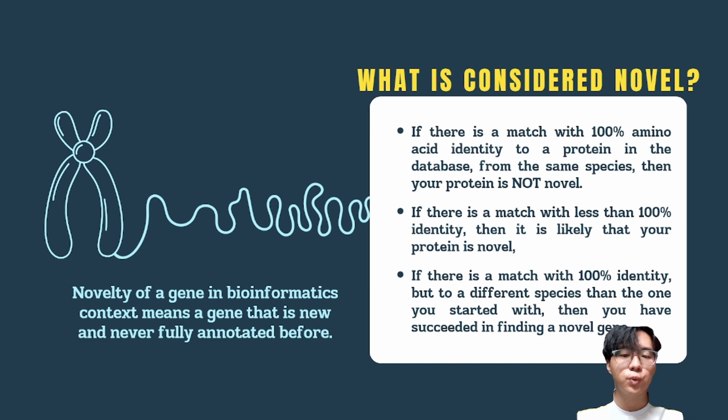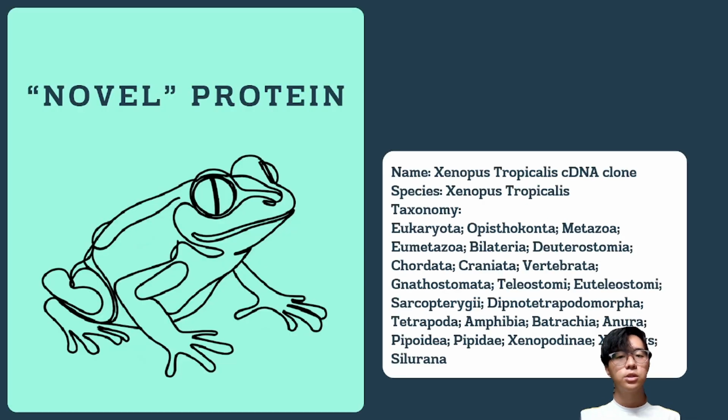Using this definition, we evaluate the novelty of our candidate sequence. The candidate sequence came from Xenopus tropicalis, and its taxonomy classified it deep within the amphibian lineage. This emphasizes its evolutionary distance from humans and strengthens the potential novelty of the gene.